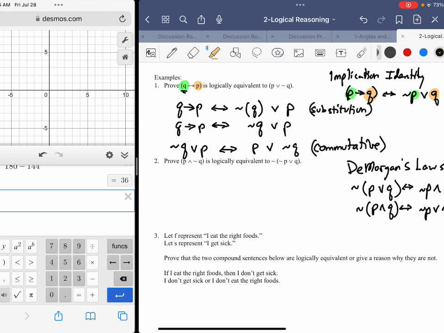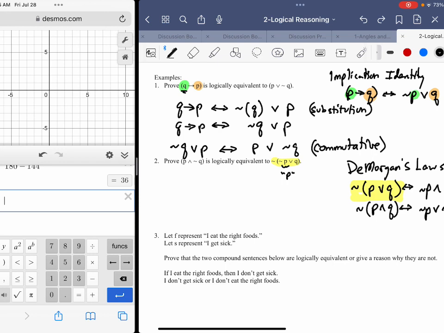I'm going to start with this one here and apply this rule. So I have not, and you think about what the components are. This is a P. I mean, it says not P, but it's P in this form of De Morgan's laws.